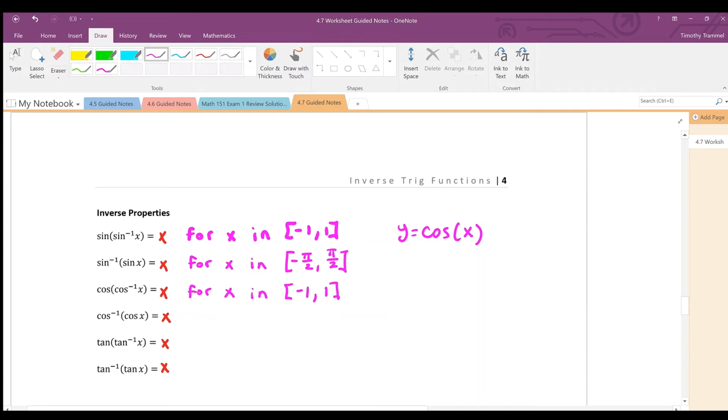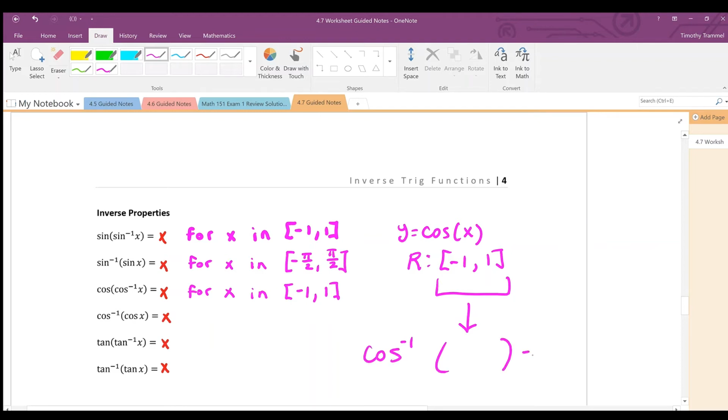If we look at the next one, you know that cosine of x for any angle will have an output. Its domain is all real numbers. But it will output numbers that are between -1 and 1. And so these are the numbers that are going to wind up going into cosine inverse.